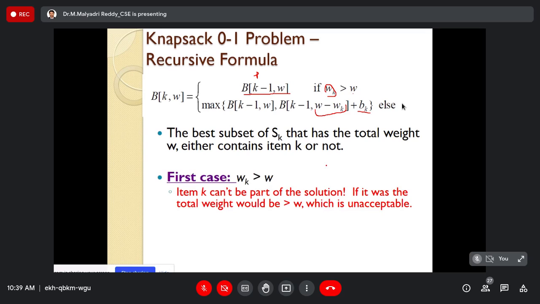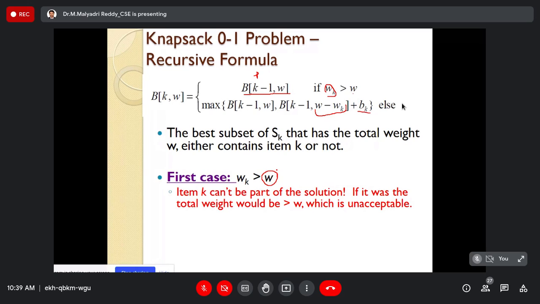First, we need to check the including object's weight with respect to the available capacity. In the previous class, I already explained that in dynamic programming, we follow the divide and conquer approach. That means each problem is divided into subproblems until you get the atomic problem.